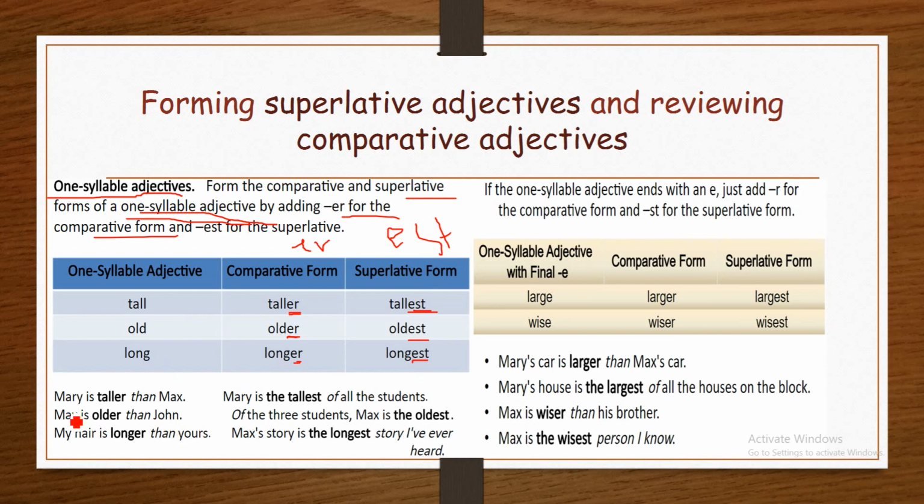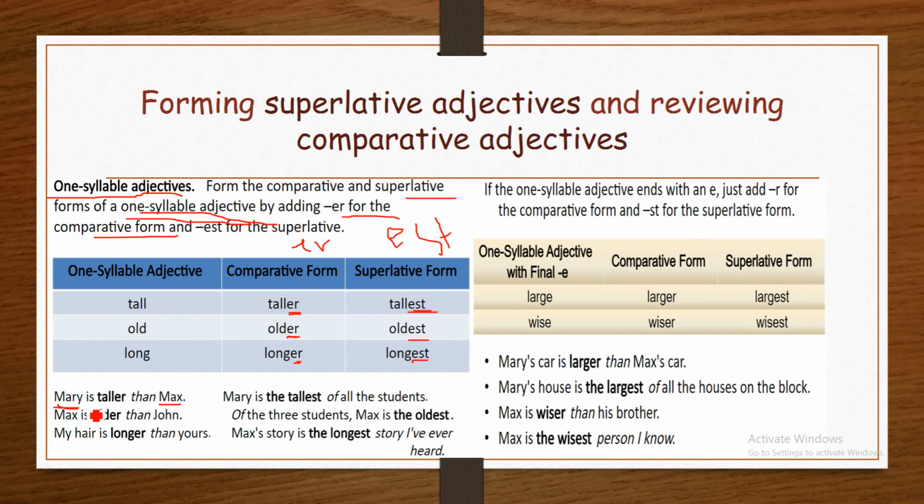Examples: Mary is taller than Max. This is a comparative adjective. We have two nouns, two objects, Mary and Max. Mary is the first object; here it functions like a subject.